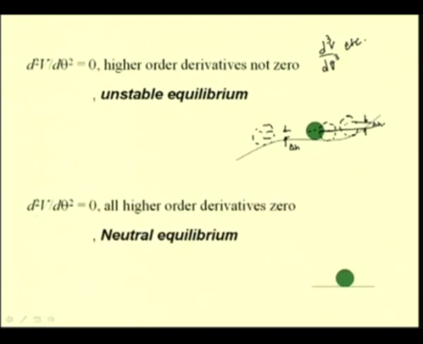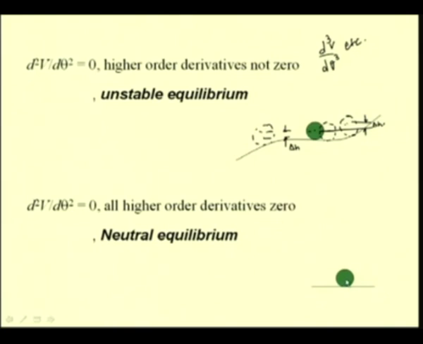We can have another kind of situation where the second derivative, that is d square v by d theta square, is equal to 0, and also all higher order derivative terms are also 0. In that case we call it neutral equilibrium. That means it is like a sphere which is kept on a flat surface, which is flat infinitely.